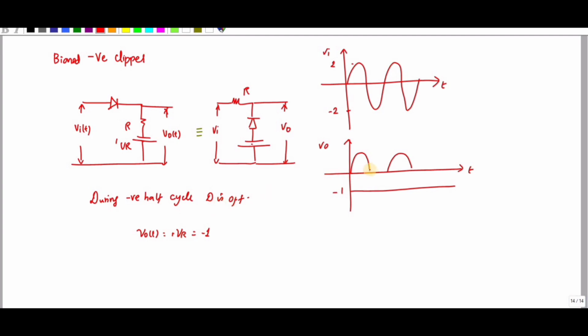So this portion gets clipped out. So during the positive cycle, whatever the voltage, that is 2 volt here, is present at the output V0. So what is the V0 value? V0 is nothing but 2 volt.